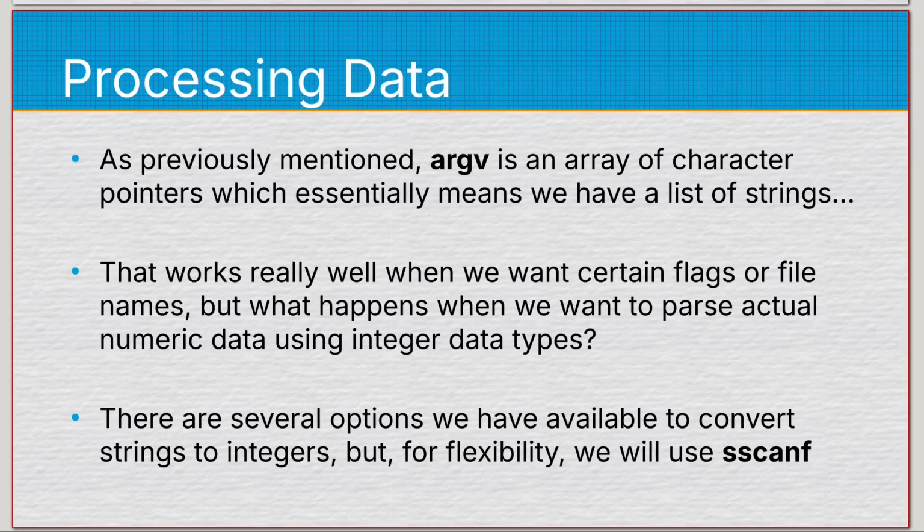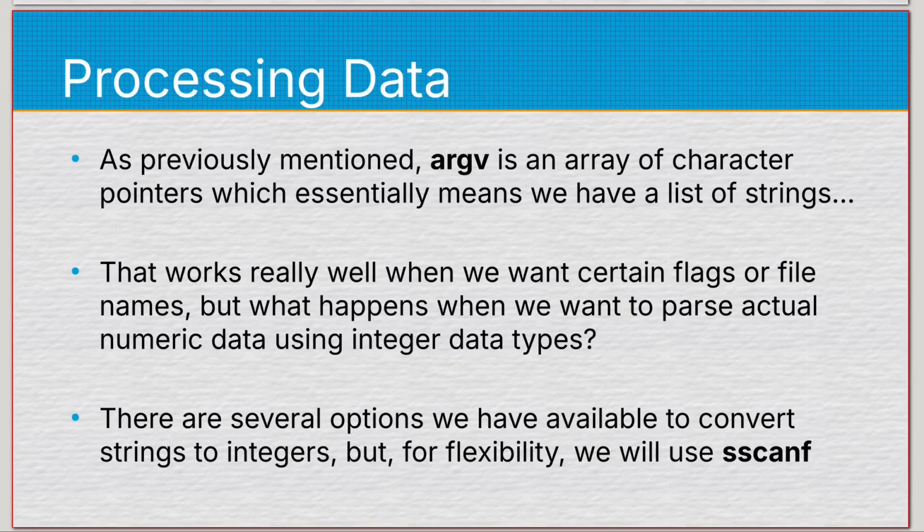The rest of this is going to be, how do we deal with integer data types, or numeric data types essentially? Because as we've seen, argv is an array of character pointers, so we basically have a list of strings.